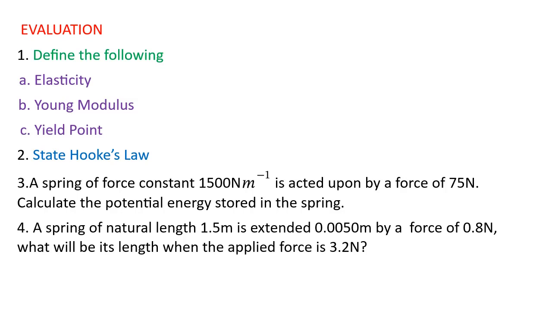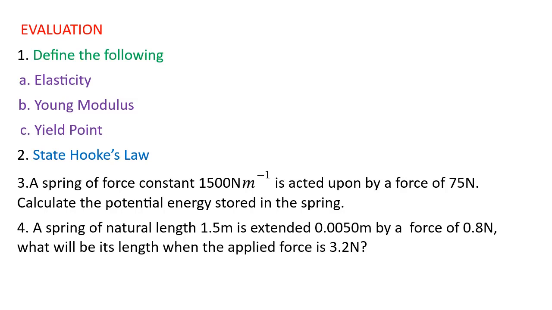What will be its length when the applied force is 3.2 Newton? I repeat. A spring of natural length 1.5 meter is extended 0.005 meter by a force of 0.8 Newton. What will be its length when the applied force is 3.2 Newton?